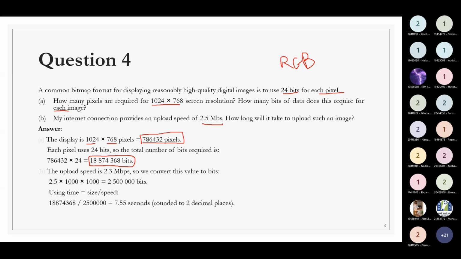And using this formula, time is equal to the size divided by the speed. So this is the size and this is the speed, and this is the time required. It is 7.55 seconds, so less than 8 seconds. Is it okay? Are you with me? Clear?